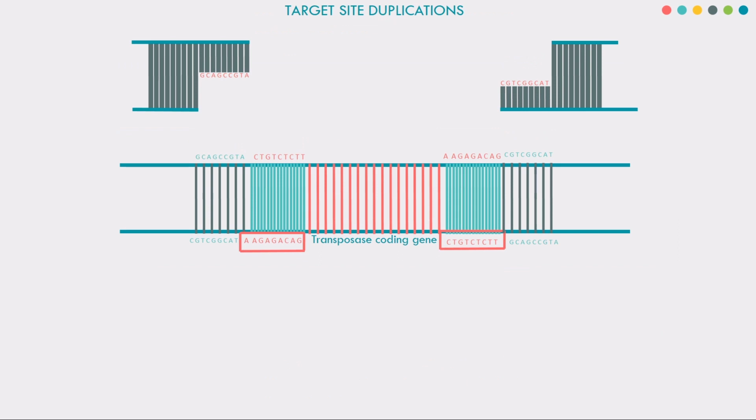Here is an example which shows how the short direct repeats, or the target site duplication, are formed. In the upper image, a staggered cut is made in the DNA by the transposase enzyme.